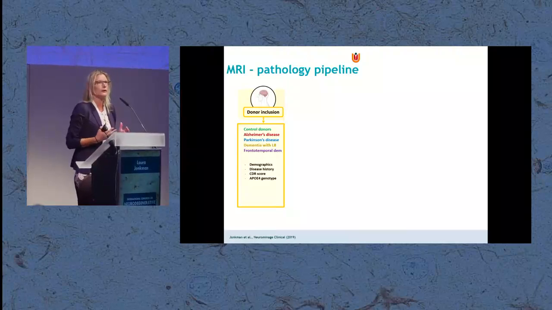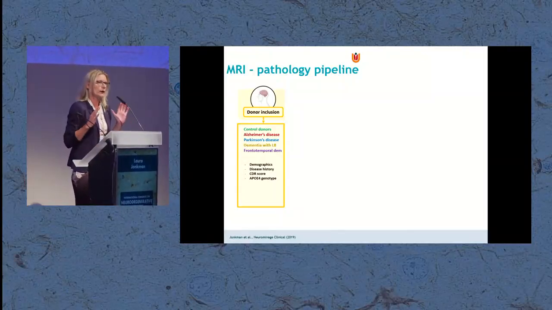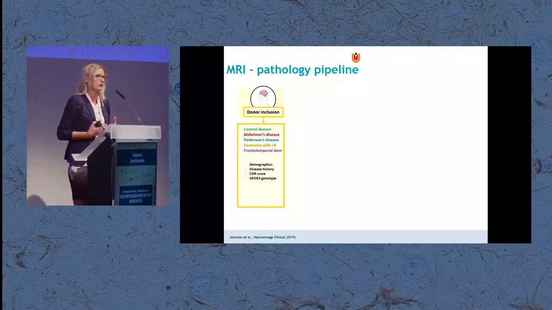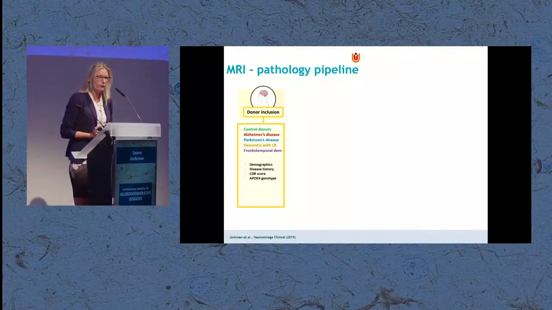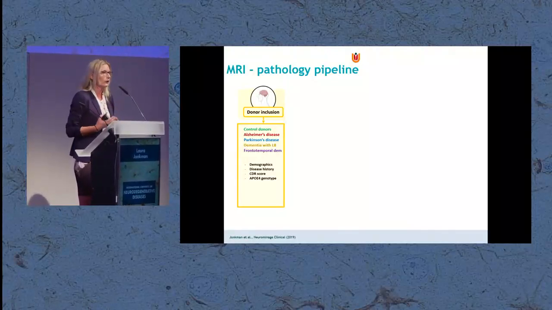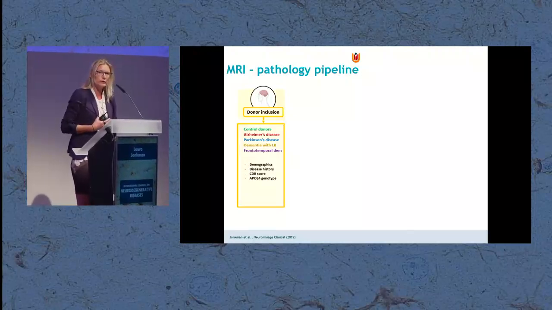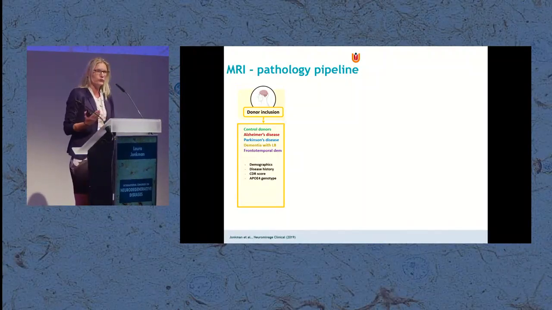And we have a dedicated team available 24/7 whenever a donor becomes available, to get to the hospital within the hour and initiate this whole process. For now, we are including control donors, Alzheimer's disease, Parkinson's disease, dementia with Lewy bodies, and more recently, in the past 2 years, also frontotemporal dementia.